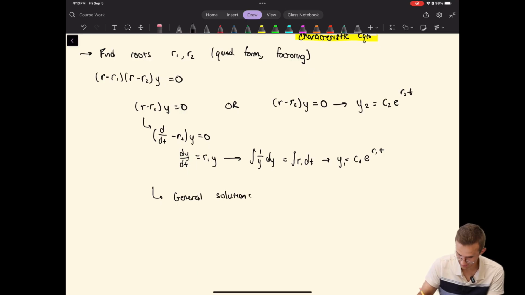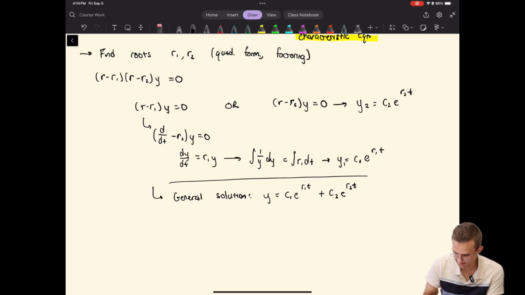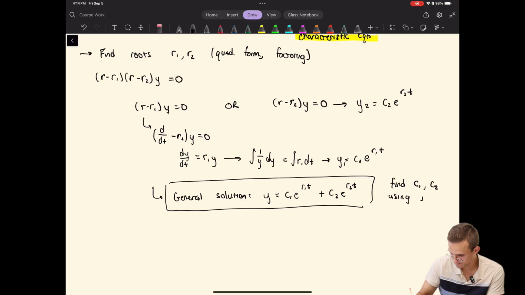So the general solution is just the sum of those two functions, c1 e to the r1 t plus c2 e to the r2 t. And then you find the constants using the initial conditions.